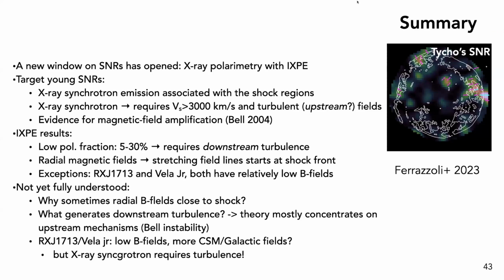One question just about the predictions. The X-rays are quite different from radio in the sense that you need much higher energy than 100 TeV for electrons to produce X-rays. So in that sense, we should have an amplification of the magnetic field. That means you expect more or less a similar amount from both upstream and downstream.